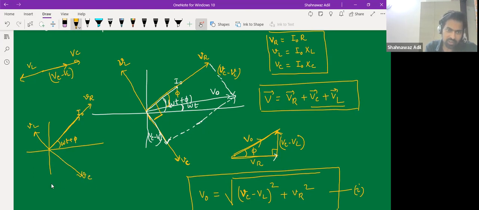So this is the graph, and then what you do is that you take this and the resultant would be this one. So VC minus VL, right, and then you take the resultant of these two. So then the resultant would be this, and this is omega t that you got. This is the overall graph, right? And this is the phase difference between the current and the applied voltage. So this was all about this graph, right?